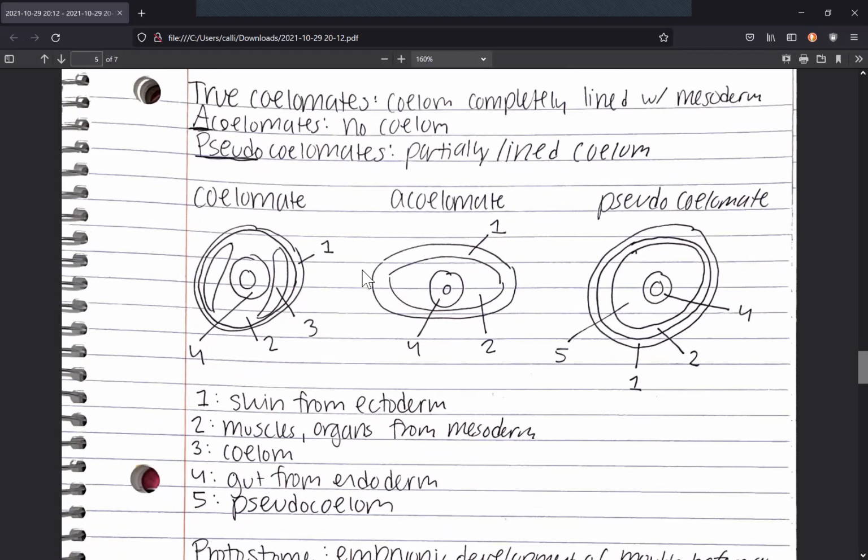Then we have acoelomates in the middle. Remember, the prefix a means without. So that's an animal that does not have a coelom. And then on the right, we have a pseudocoelomate. Remember that the prefix pseudo means false, fake. We saw that prefix with pseudopodia, and it has a partially lined coelom.